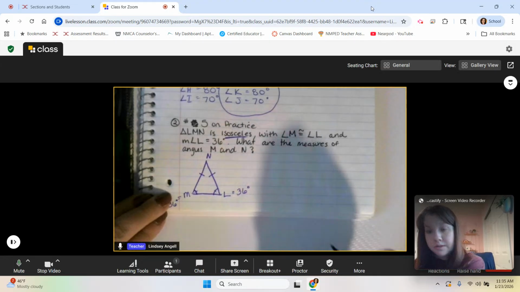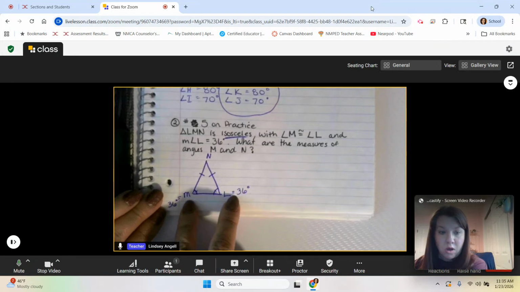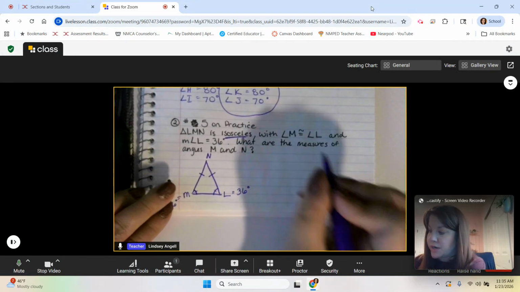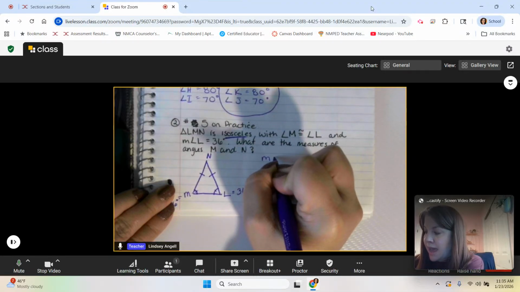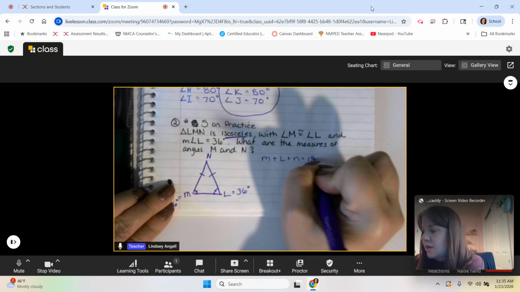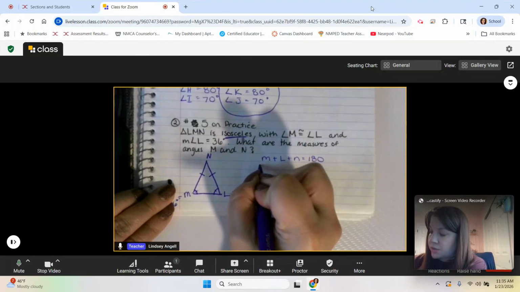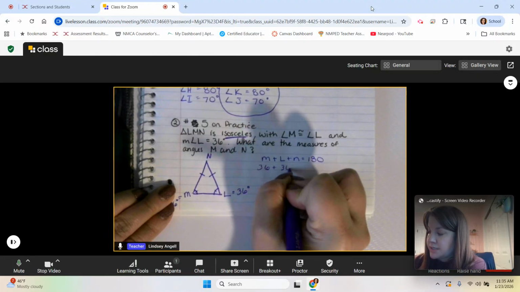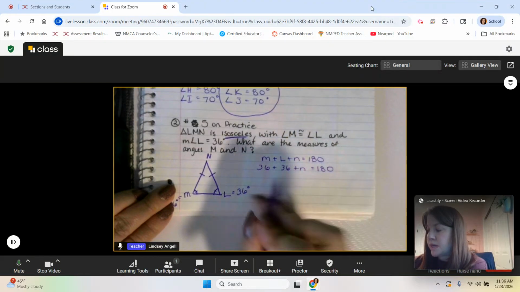Okay? Well, another rule that we know is that the angle measures for all triangles add up to 180 degrees. So we should be able to add M plus L plus N, and all of those should add up to 180. Well, we already know these two. We know 36 plus 36, and then plus N equals 180.